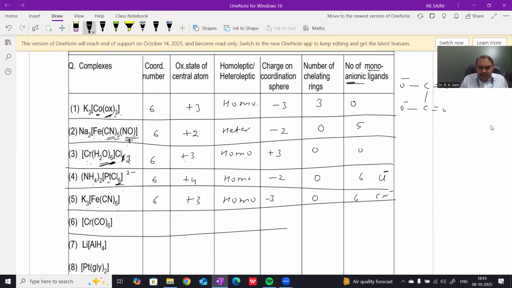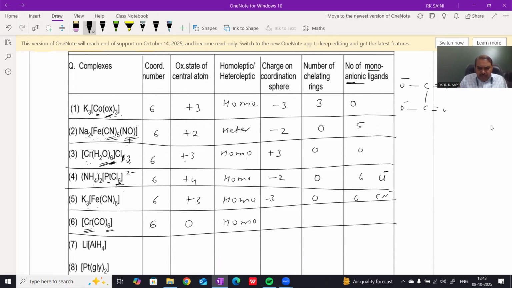Next, carbonyl. Coordination number of the chromium complex is also 6. Oxidation state of chromium is 0 because carbon monoxide is a neutral ligand. Taking chromium as X plus 6 carbon monoxide, and carbon monoxide is a neutral ligand, therefore the oxidation state of chromium is 0 in this complex. It is also homoleptic because all ligands are of one kind, mainly carbon monoxide, carbonyl.